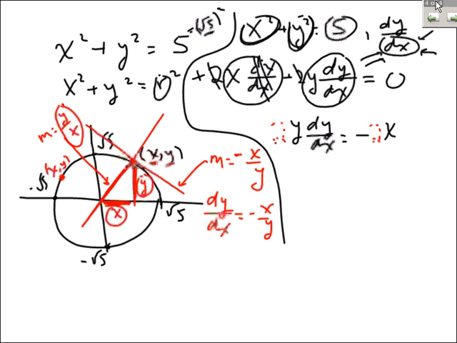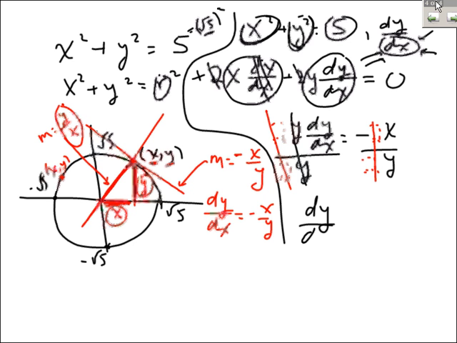There's the 2. Now I divide both sides by 2y. Divide both sides by 2y. And if you didn't see the 2's canceling out before, I hope now it's as clear as day that the 2's cancel out. On the left side, so does the y's. And you conclude that dy dx is nothing more than negative x over y.